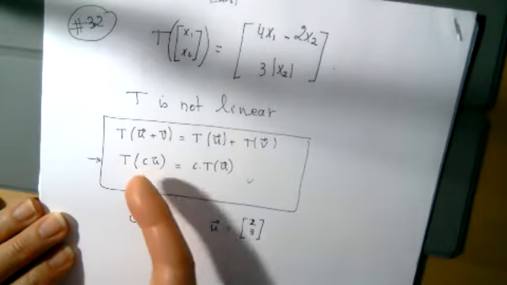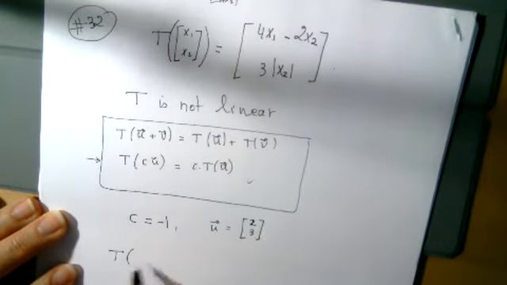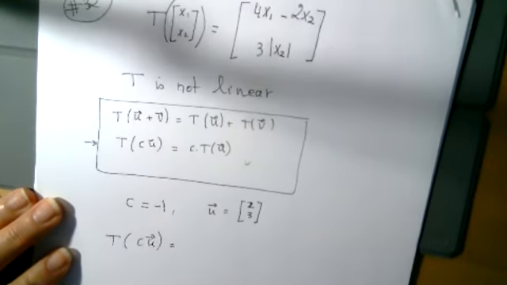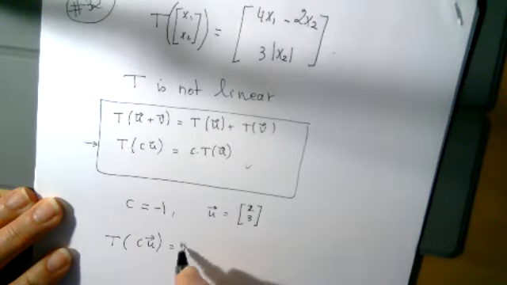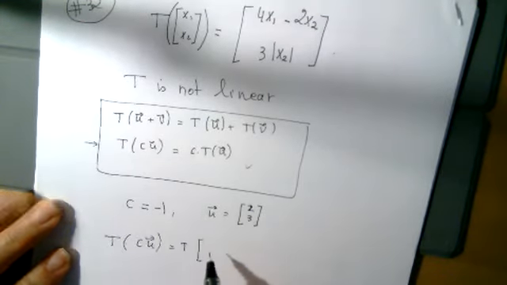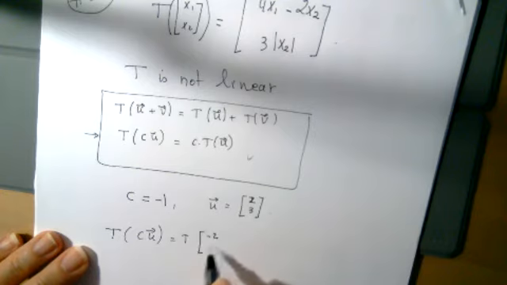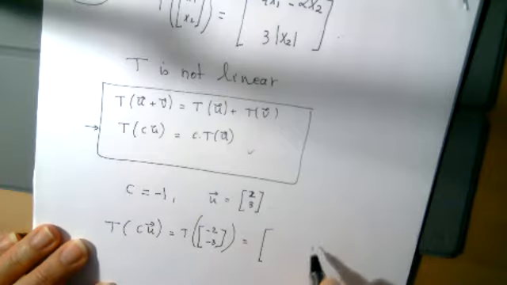Now let us make sure that the property actually is failing. I'm going to compute T of cu. What is cu? It means minus u, so according to your choice, cu is minus u. So you're multiplying u by a minus. It means that's T of -2, -3. But now, what does T do to a vector?